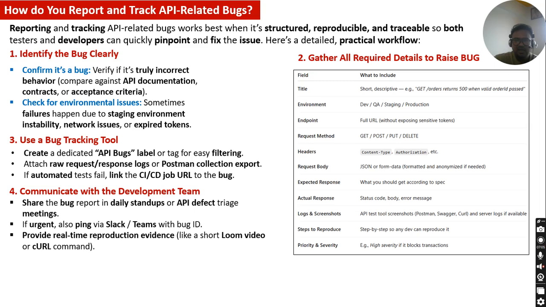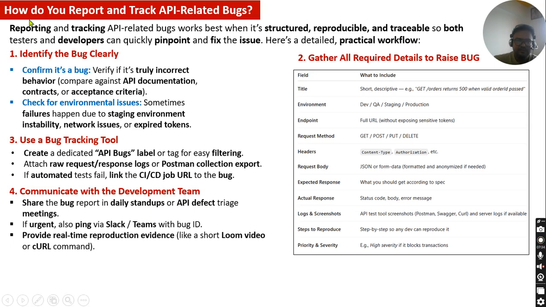If something is really urgent or affecting the business, try to ping the developer on Slack or Teams, or whatever communication channel you are using, with the bug ID, and follow up with them to ask what could be the issue. If they ask whether it is reproducible in real time, try to share a Loom video or a cURL command, or ask them to have a screen share so you can reproduce the bug in front of them.